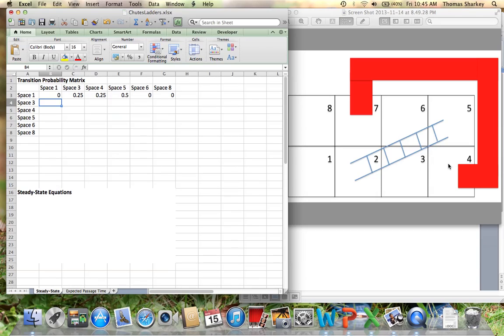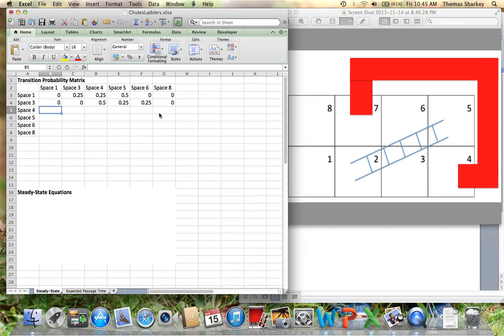If I roll a 1 from 3, I end up at 4. If I spin a 4 from 3, I end up on 7, and I take the chute down to 4. So we're going to have a 0 from space 3 to space 1, 0 from space 3 to space 3, a 0.5 from space 3 to space 4, a 0.25 to space 5, a 0.25 to space 6, and a 0 to 8.